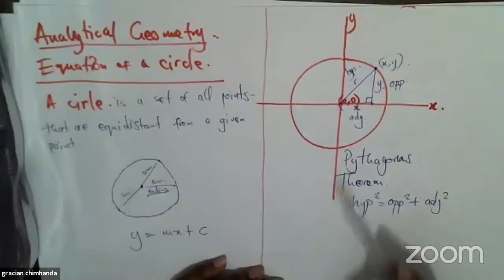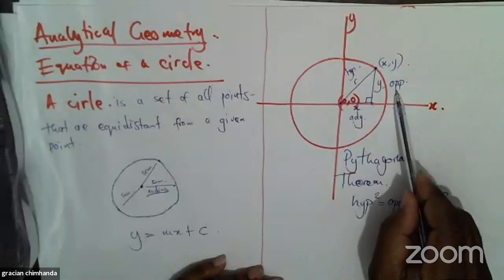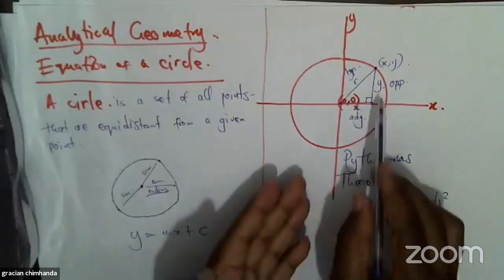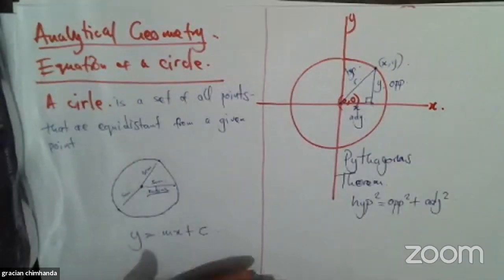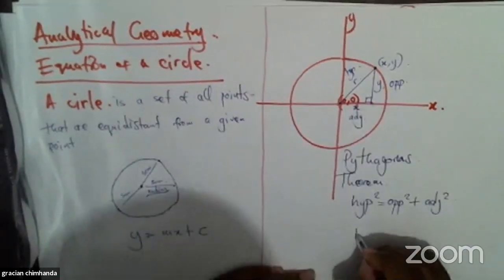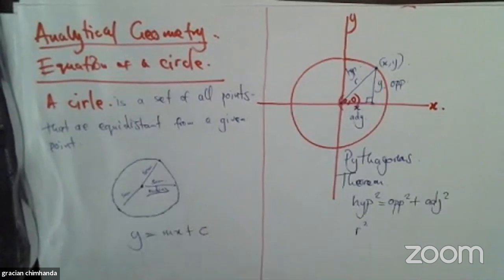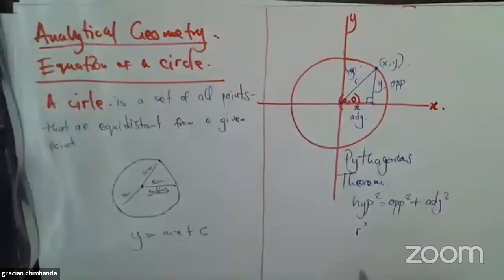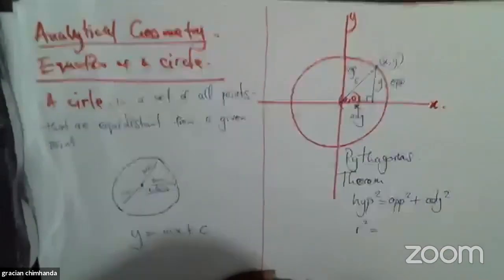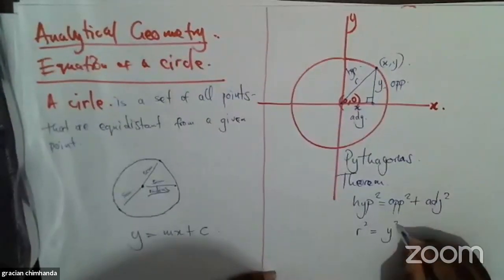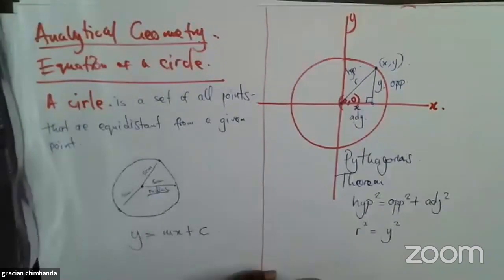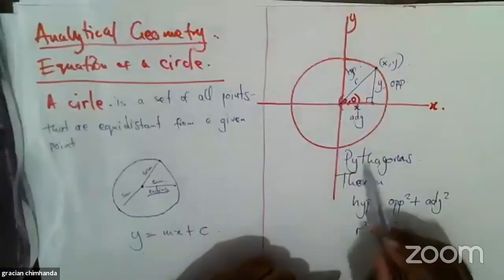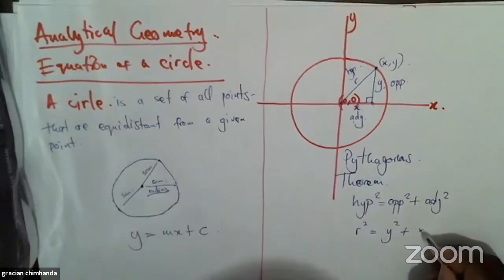So what is our hypotenuse? Our hypotenuse is r, so it's r squared, equal to the opposite squared, which is y squared, plus the adjacent, which is x, so x squared.